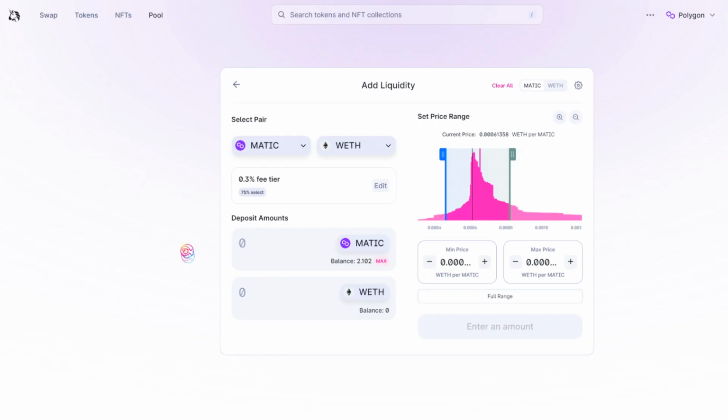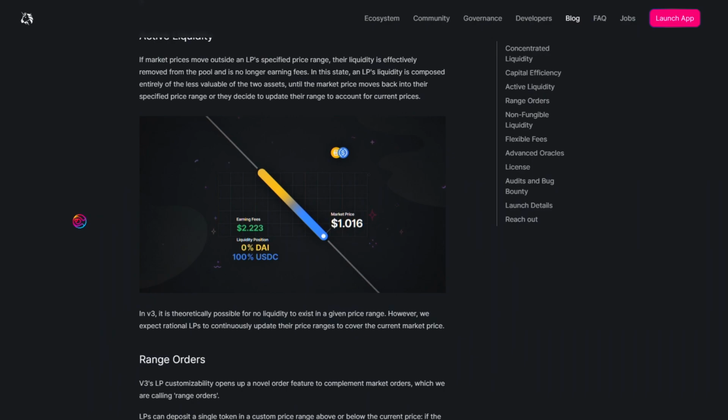Now, recall that with Uniswap V3, there's the added complication of price ranges for LPs. As a liquidity provider, you must set the price range of your liquidity. The tighter the price range, the greater the potential for fee revenue, but the greater degree of impermanent loss. This is because when the price falls outside of your LP's set range, you are left entirely with only one asset in your LP.